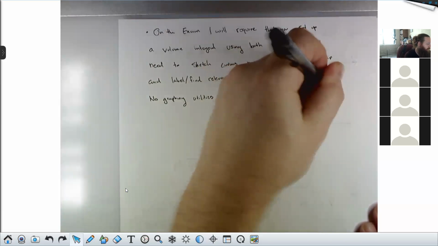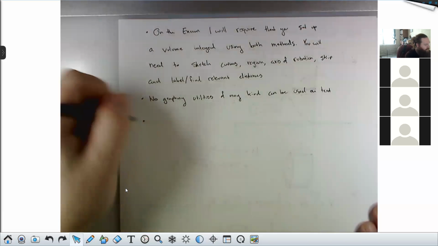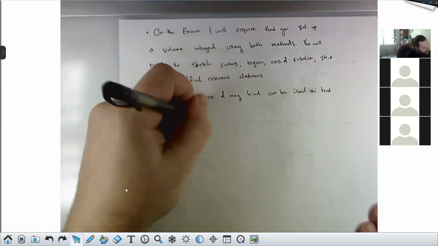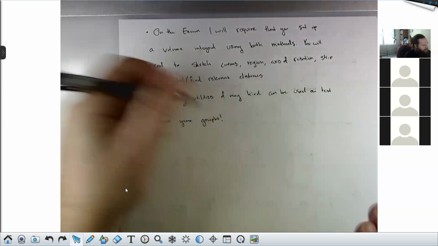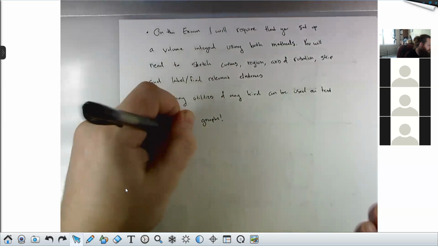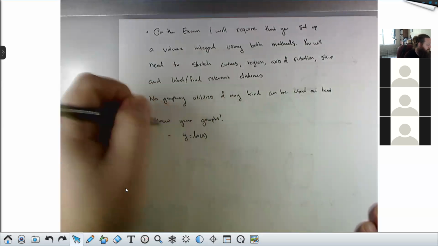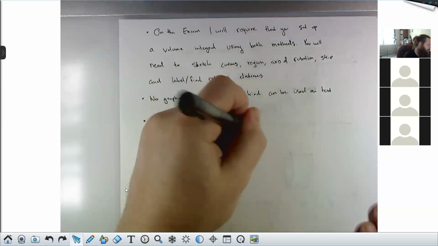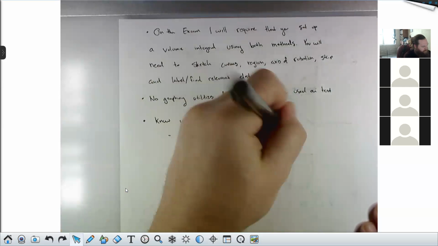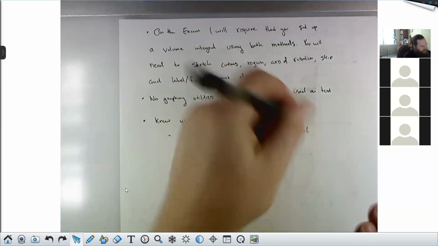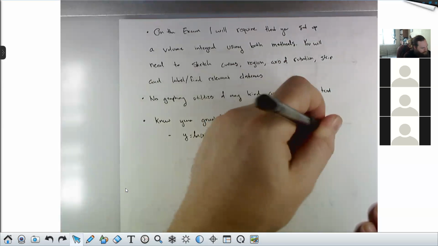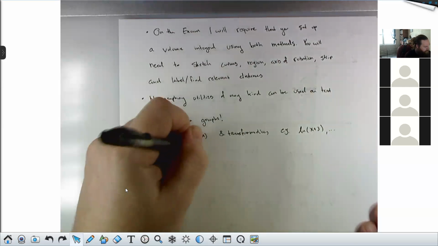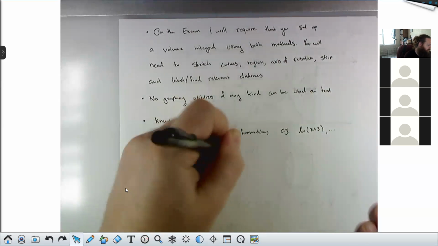On the test, make sure you know your basic graphs. Things that have shown up include the natural log and transformations, like the ln of x plus 3 and so on. e to the x and transformations.